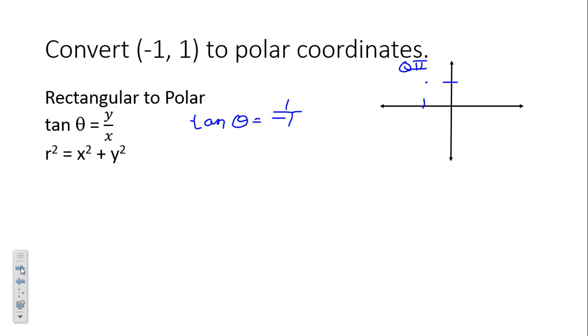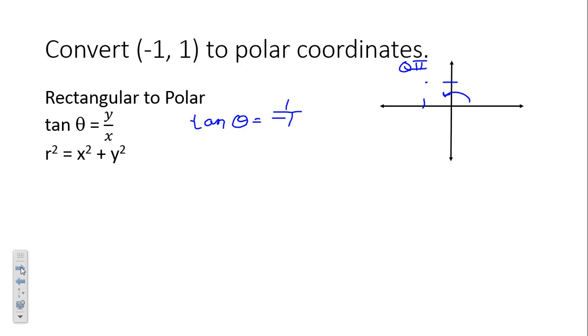So what is a 45? Tangent of theta is 1 at 45, right? So what's theta at a 45-degree angle in the second quadrant? We're going this way, 45 degrees, 135.